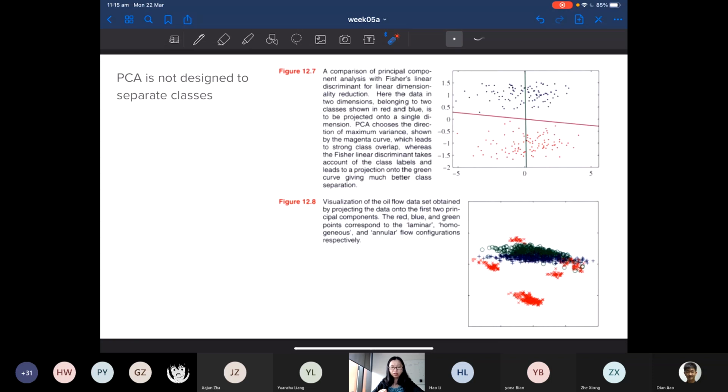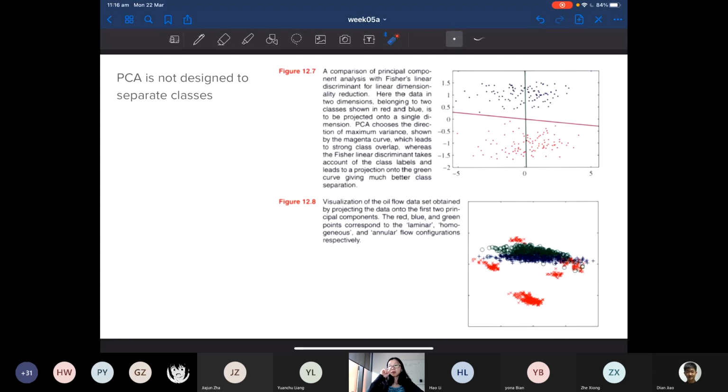There's laminar, homogeneous, and annular flow configurations. But after projection, the green and blue classes almost completely overlap. And yes, the entire data set is sort of whitened in the sense that the different dimensions have equal variance, but there's a lot of white space, and lots of data that sits on top of each other here.